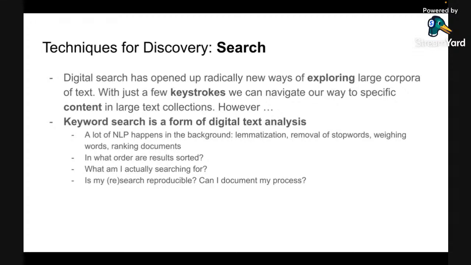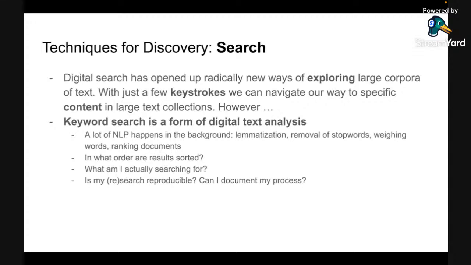Often certain words will be removed, they might be weighted in certain ways, and your documents are always presented in a specific order. So even when you search, this is doing text analysis where you have to be critical: why am I seeing certain documents? Why not others? Why are my documents ranked in such a way?